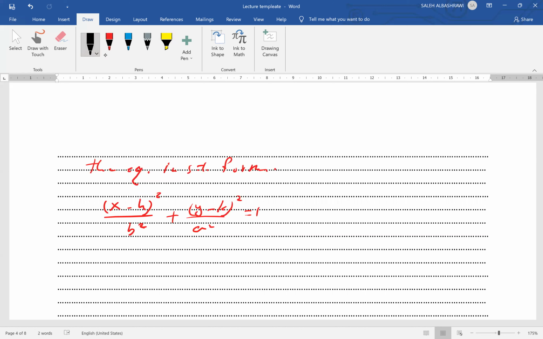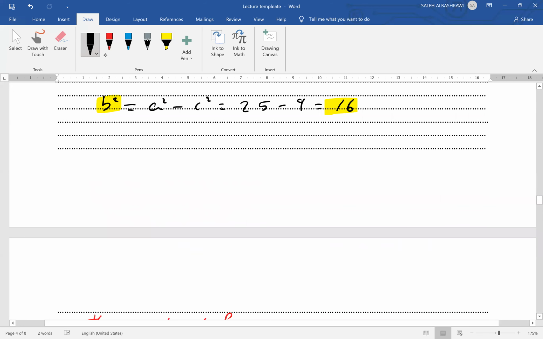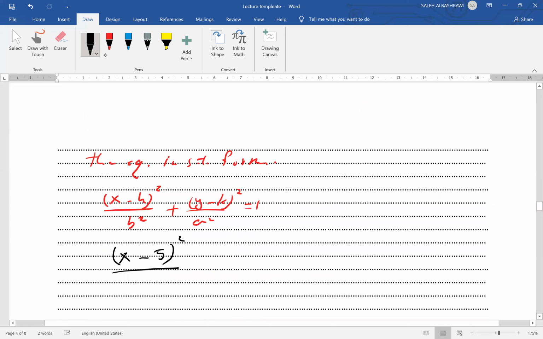So it is x minus 5 all to the power 2 over b square, and b square we found equal to 16, plus y minus 1 square over a square, and we found a equal to 5, so a square is equal to 25.